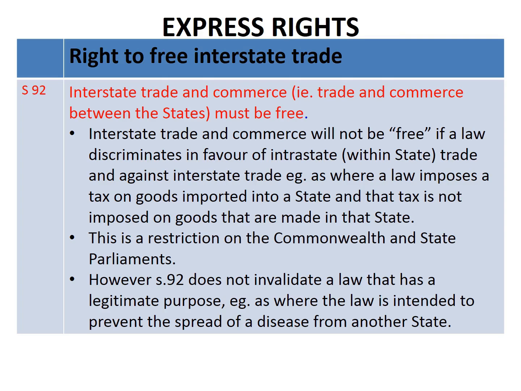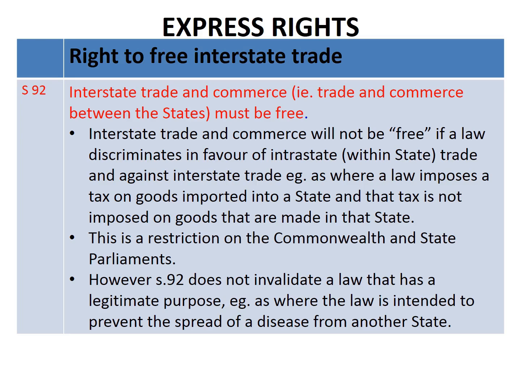All right, well, our fourth express right is the right to free interstate trade. This is contained in Section 92 of the Constitution. So please open up your constitutions to Section 92. And we'll concentrate here on the first paragraph, which says that on the imposition of uniform duties of customs, that is, way back in the early 1900s, trade, commerce, and intercourse among the states, whether by means of internal carriage or ocean navigation, shall be absolutely free.